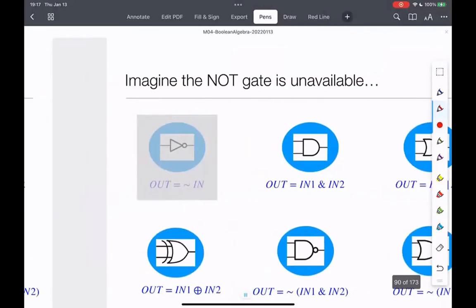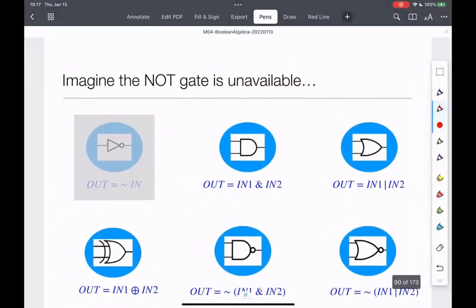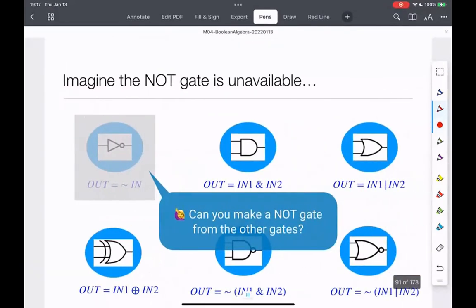this leads to something that I had already said along the way thus far, that we can see that gates are able to represent each other. So I'm going to go through this quickly. If NOT was unavailable, we saw that we can make a NOT gate from other gates. So we can make a NOT gate from a NAND gate. We can make a NOT gate from a NOR gate.